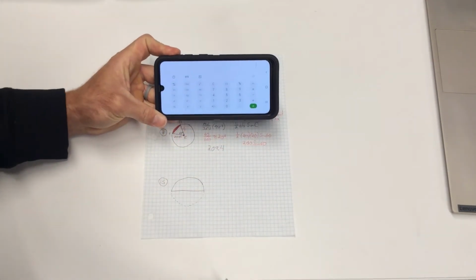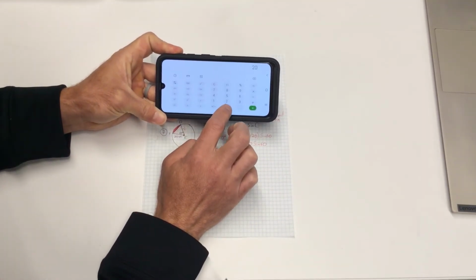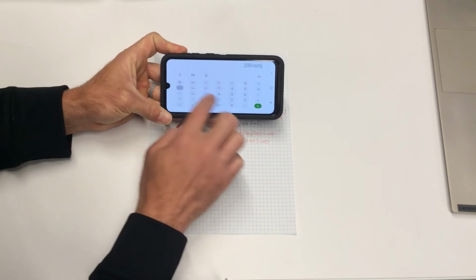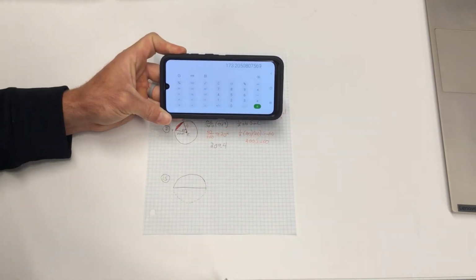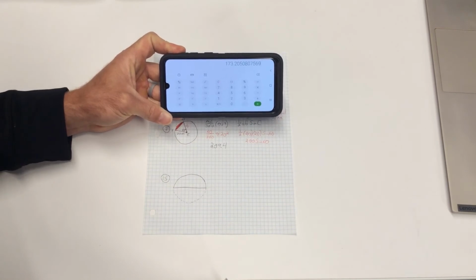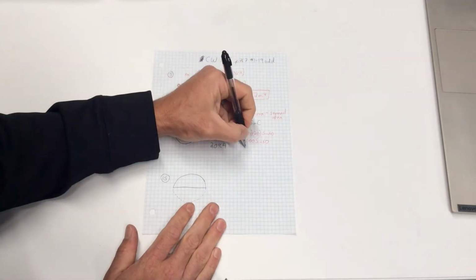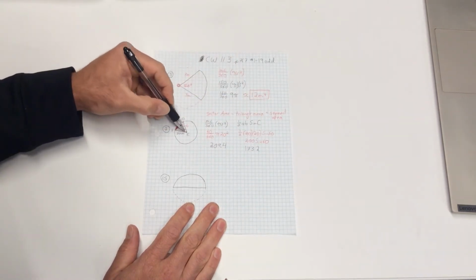That's just a little easier and safer. Sometimes it's better not to put too much in your calculator because of operator error, especially on these touch pad ones. 200 times sine 60 is 173.2, which is a big number, but it's less than 209, so I must be on the right track. So that is this area right here.